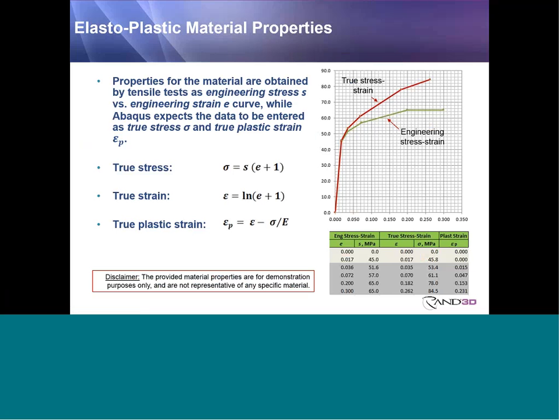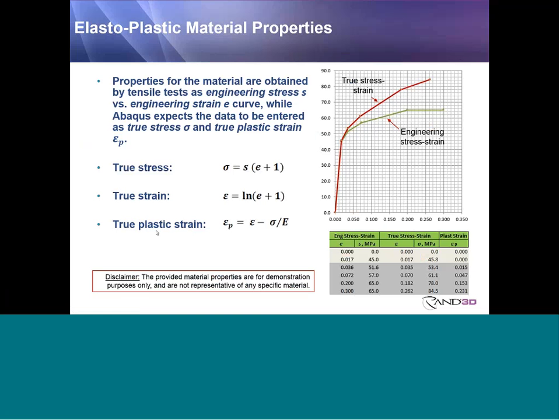Abaqus, however, requires the data to be entered as true stress and true plastic strain. The formula is, however, very simple. So to get, let's say, true stress values, that's the formula to be used. So the S is engineering stress and E is engineering strain. And true strain, that's another formula. And also we need to calculate true plastic strain.